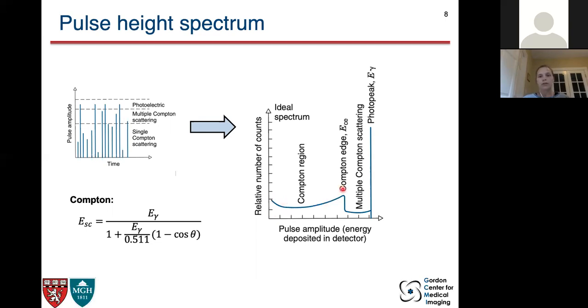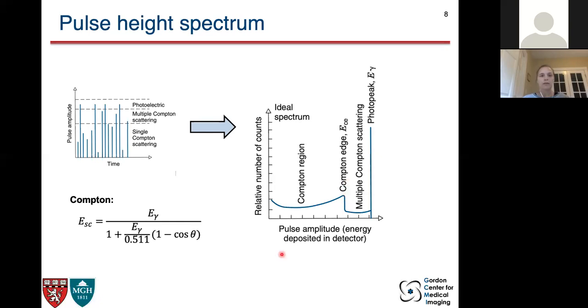But we have a pretty sharp cutoff here, which is called the Compton edge. This corresponds to the maximum energy that can be deposited in the detector from a single Compton scatter.